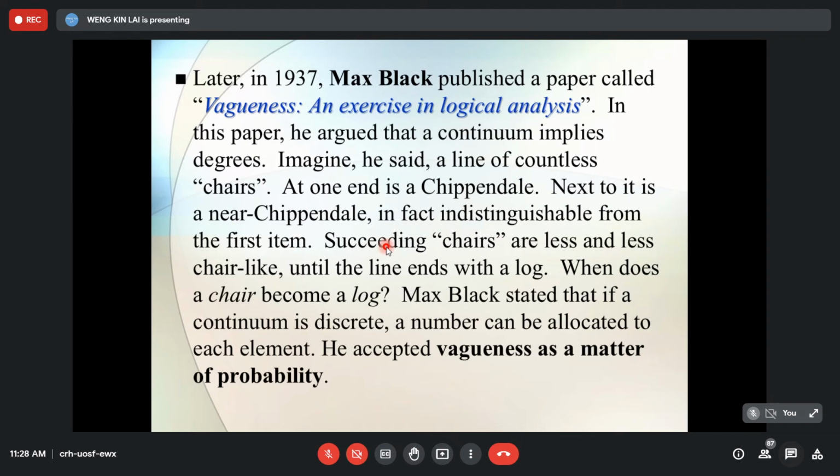What's a chair? Something for you to sit on. So on the other end of the line, it can be just a piece of log, a tree stump. You can still sit, but it doesn't look like anything that tells you it's a chair. Ends with a log. So now the question is, when does your chair become a log? But it's still a chair.